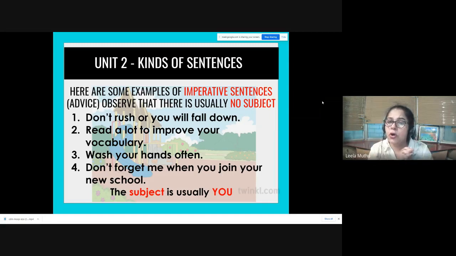So you is always the subject in these sentences. We start with the verb and there is no subject in it. So supposing I ask, what is the subject in the following sentence? Wash your hands often. In this case, you have to write the subject is you. What is the verb? Wash. These sorts of sentences end with a full stop.